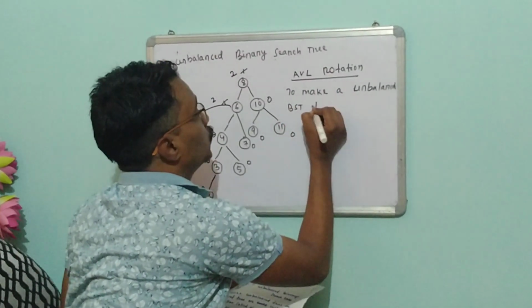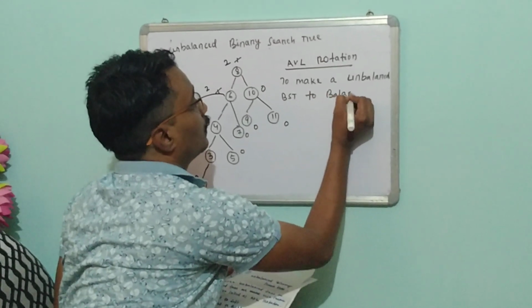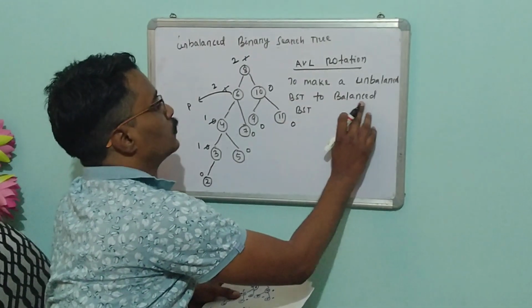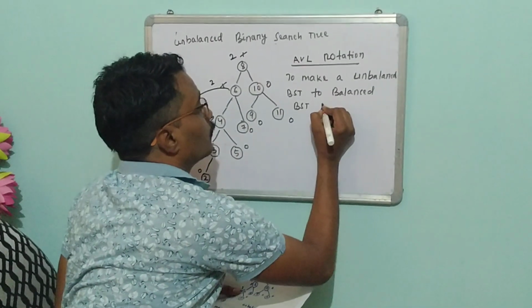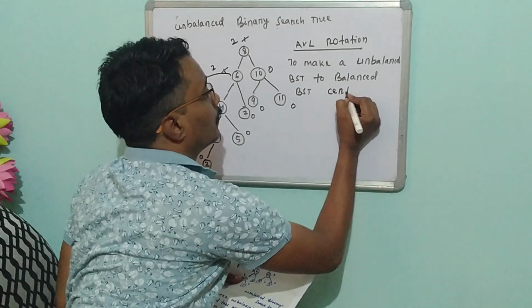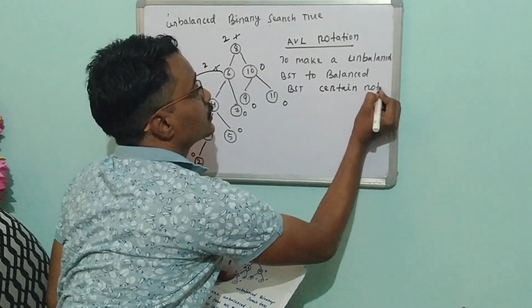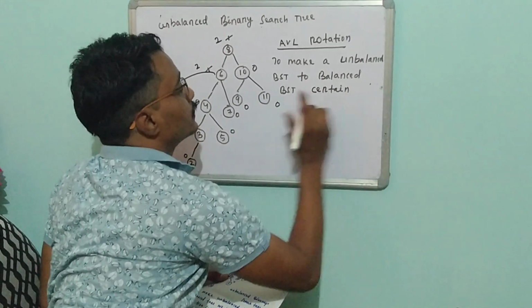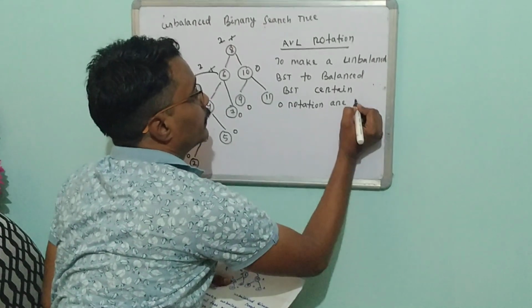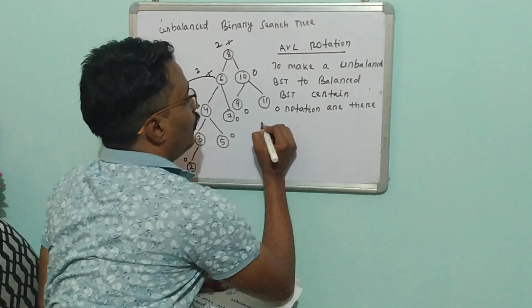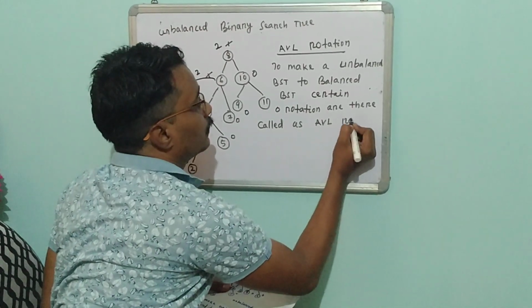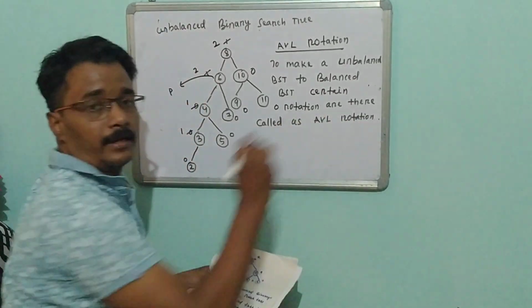To make the unbalanced BST a balanced binary search tree, certain rotations are there, called AVL rotation.